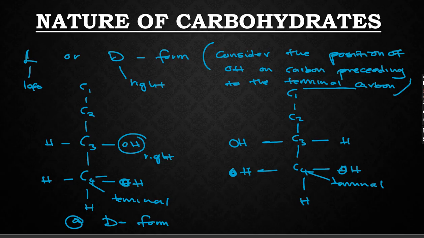Now we consider the position of the hydroxyl group at the carbon next to the terminal carbon. As you can see, this hydroxyl is on the left, and because it's on the left, compound B can be said to be in L form. Guys, you need to know this. I always emphasize what you're going to meet in your exams.